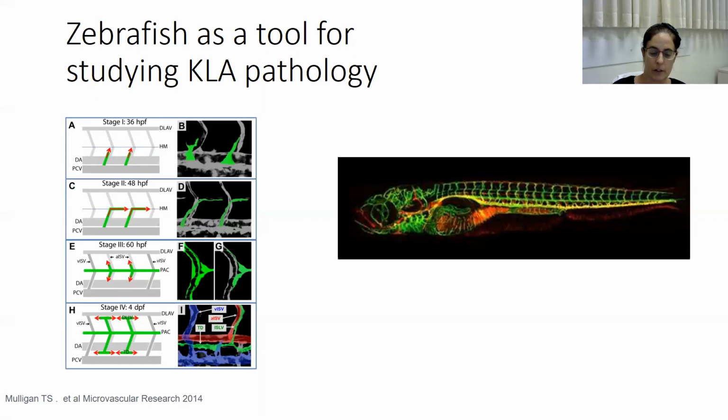Also, the zebrafish lymphatic system shares many of the morphological, molecular, and functional characteristics of the human lymphatic system, including the requisite for functional PROX1 transcription factor for proper formation of the lymphatic duct, and the expression of LYVE1, the gold standard marker for human lymphatics. In addition, the development of the zebrafish lymphatic system has been very thoroughly studied and characterized in recent years.